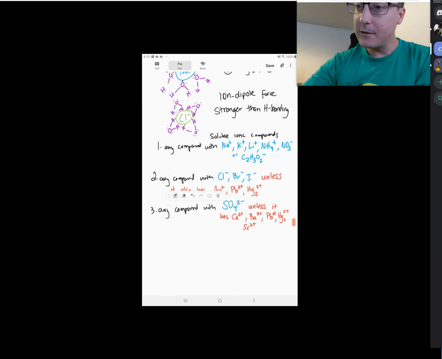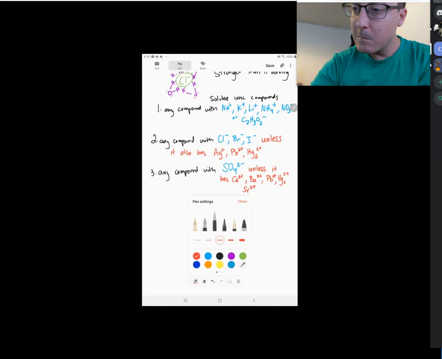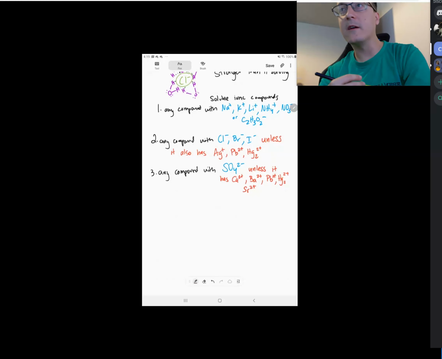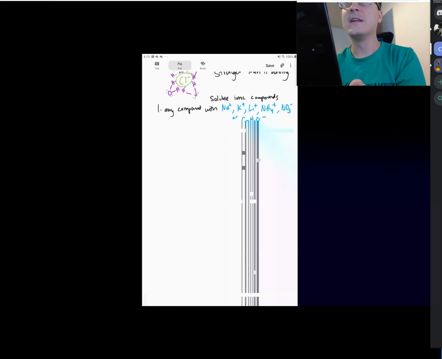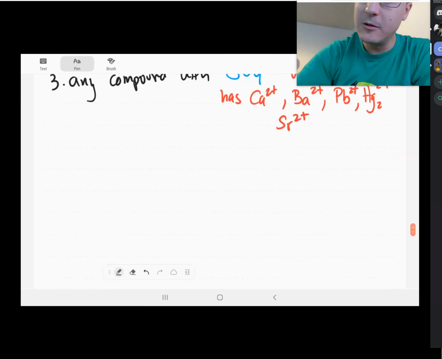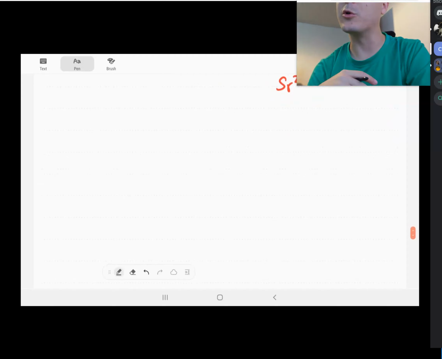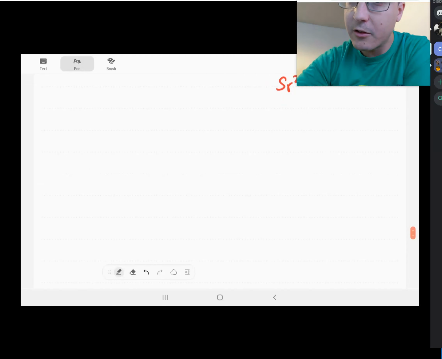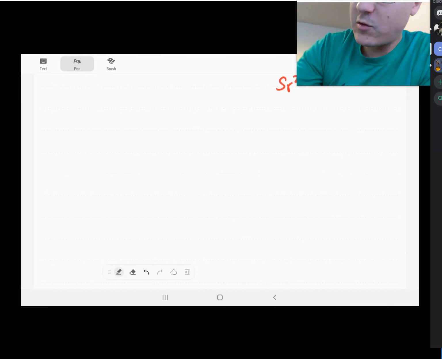I realize it's smaller, but it'll give me more room to do our examples, and this way we can see our rules right there. You guys can look them up or have them in your other notes. You're not going to have to memorize these because it's open book.